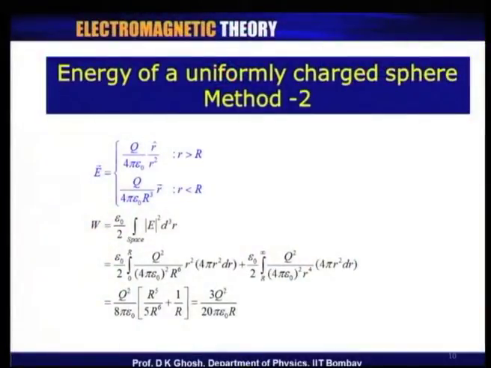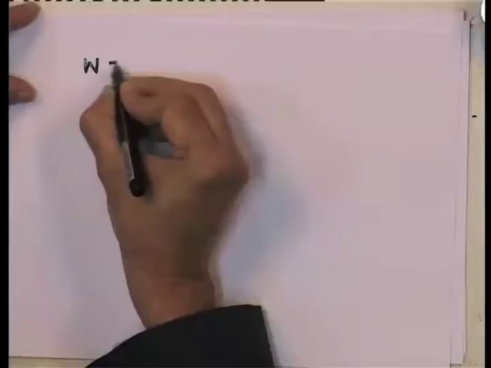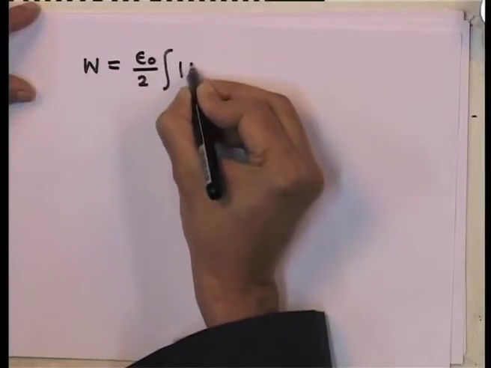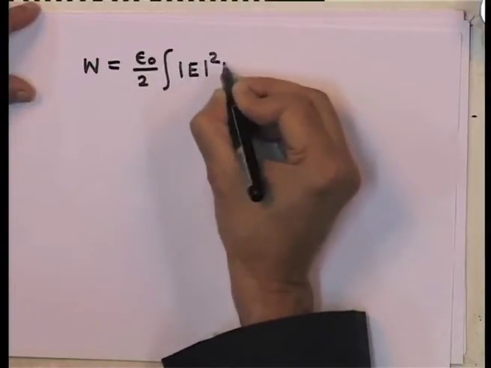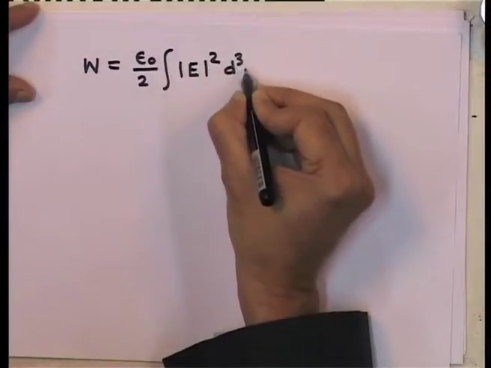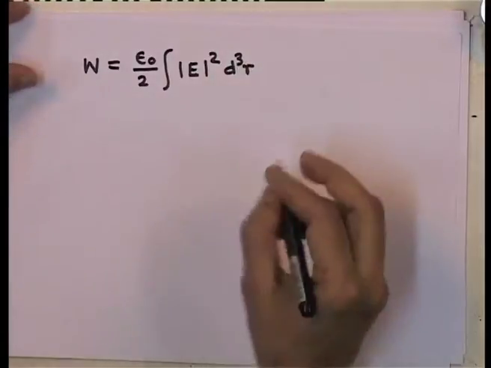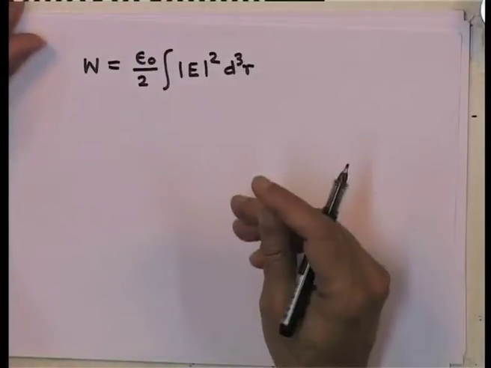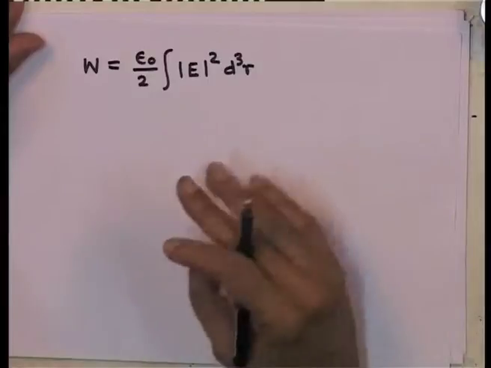Now, let us proceed with this. This time I will use the expression that we derived at the end, that is my method 2, which is work is epsilon 0 by 2 integral absolute E square d tau bar. And I told you that because the surface term was thrown out, I had taken the range of integration to be infinite.